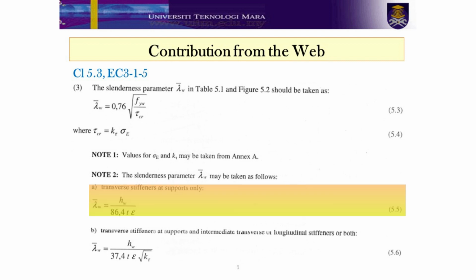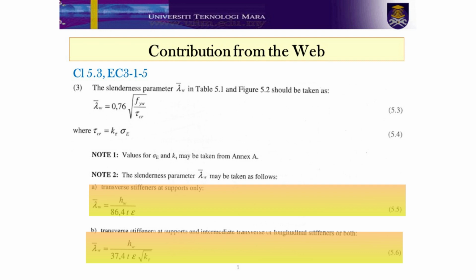If you can see, we have Equation 5.5 and Equation 5.6, whereby in Equation 5.5 the slenderness parameter is for when you design a transverse stiffener that is only at supports. And Equation 5.6 is for transverse stiffeners at supports and intermediate transverse stiffeners or longitudinal stiffeners or both.